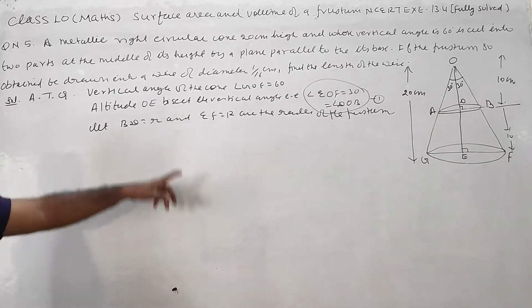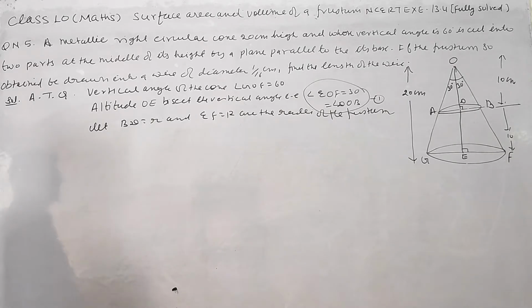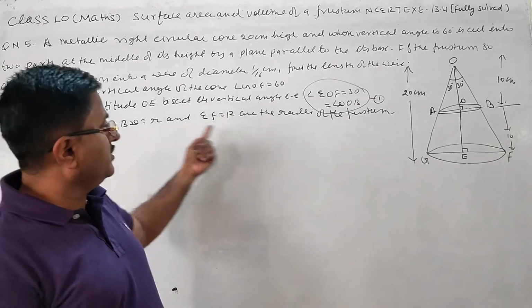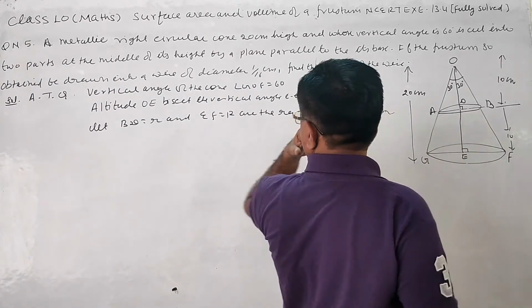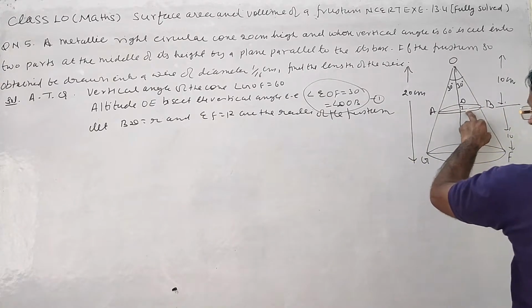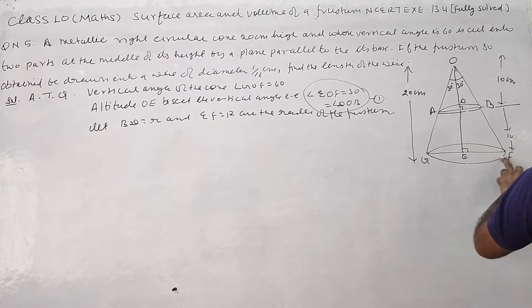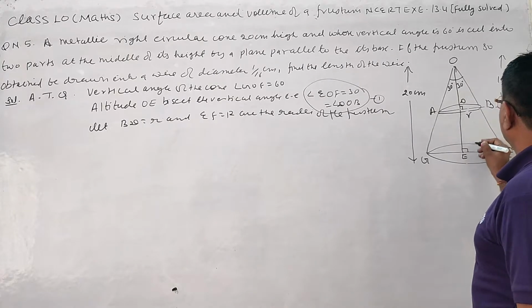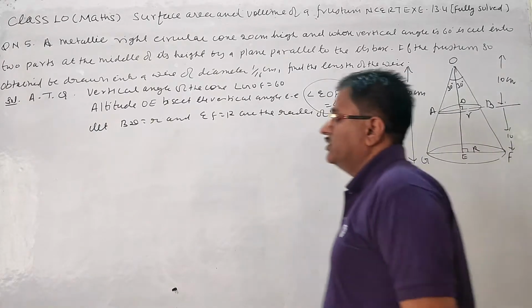So these are the radii of the circular ends of the frustum: BD, that is small r, and EF, capital R. So we are supposing the radii.